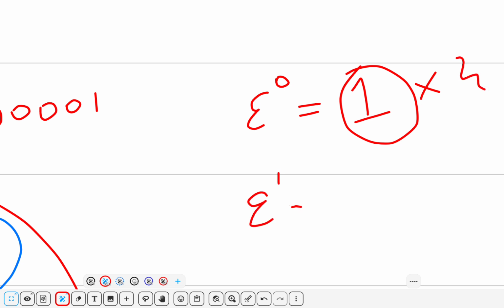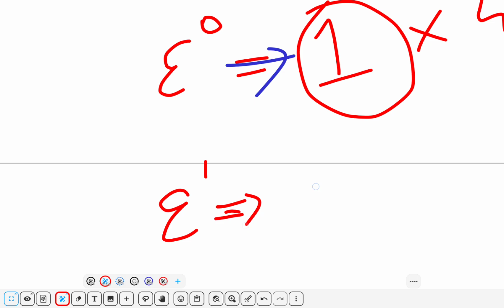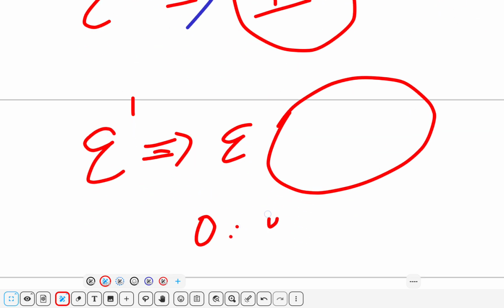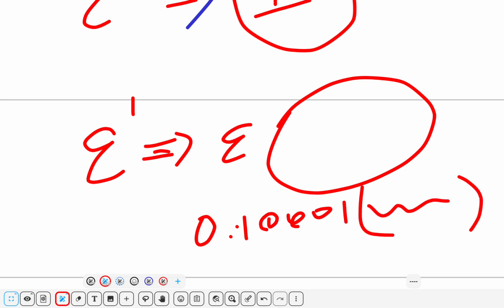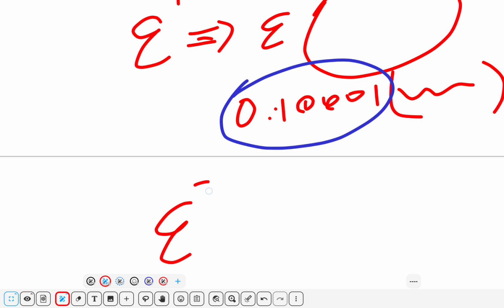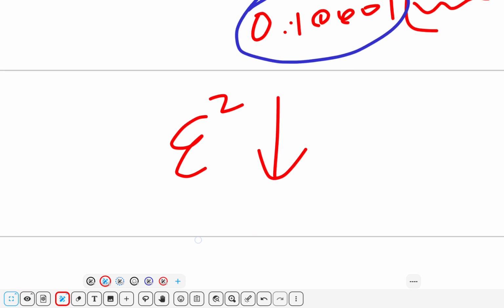Epsilon power 1 will give me some epsilon multiplied by some other number, like 0.00000001 multiplied by something else. Well, you may argue that even this is small, but the thing is, whatever epsilon is, epsilon square will be even smaller, and epsilon cube will be even smaller.